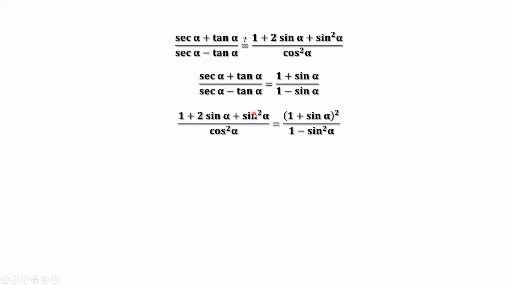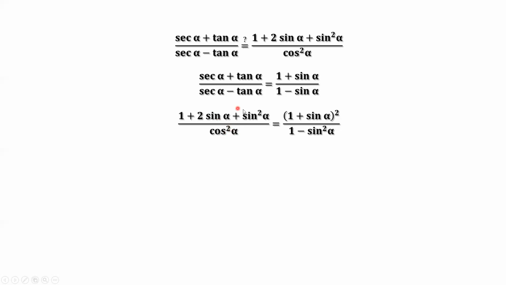The right-hand side is this. The numerator is a complete square. It is 1 plus sine alpha, then squared. The denominator is cosine alpha squared.